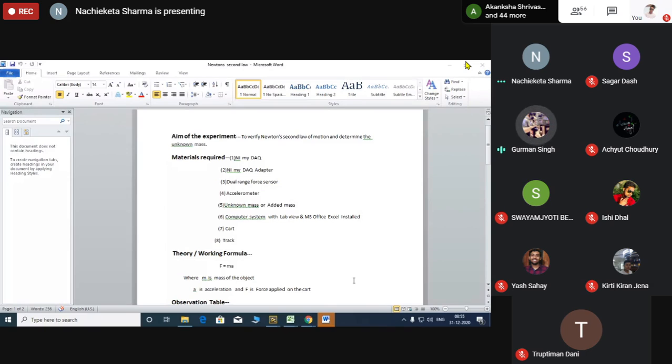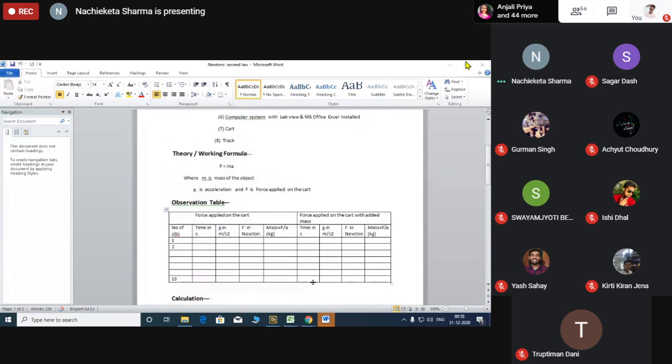So that is the observation table. Plot this for time reading.